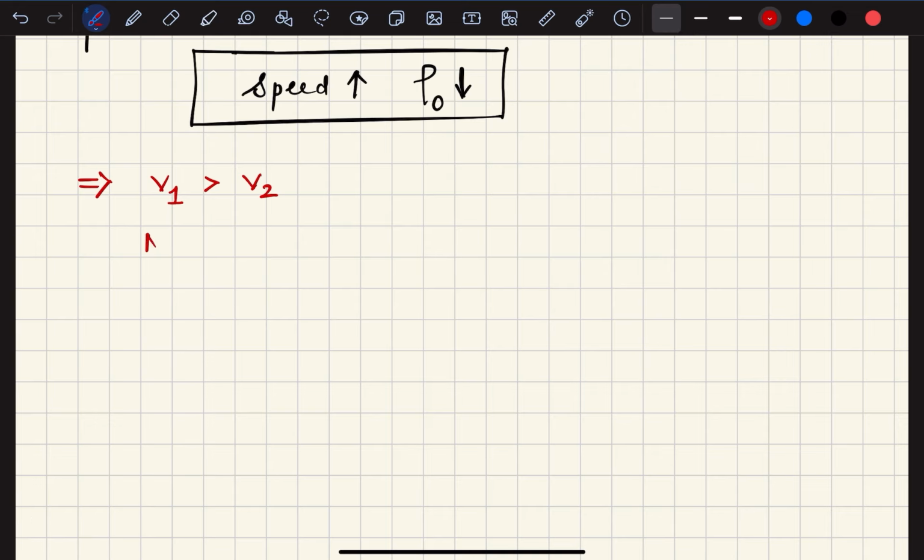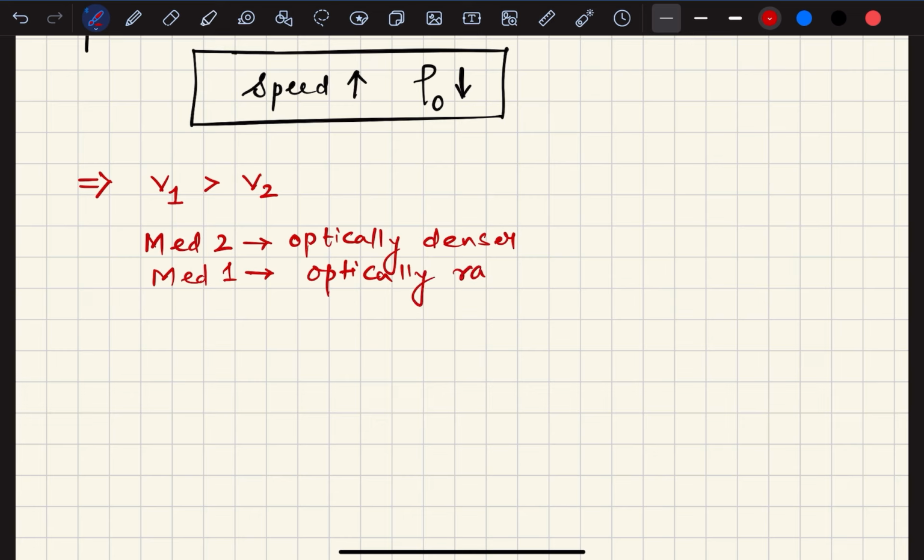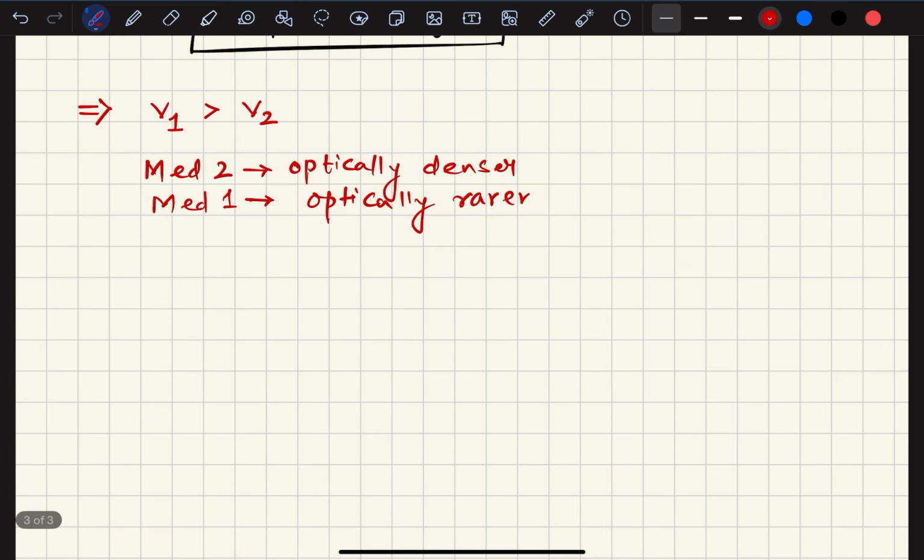So from here I can say medium 2 is optically denser. Medium 1 can be called as optically rarer. Okay, so let us first analyze this one. One by one we are going to analyze.